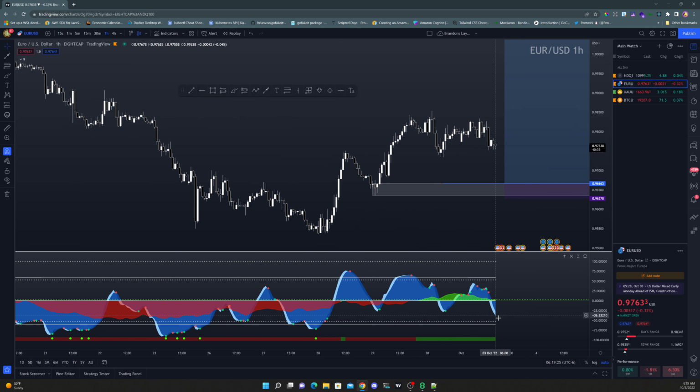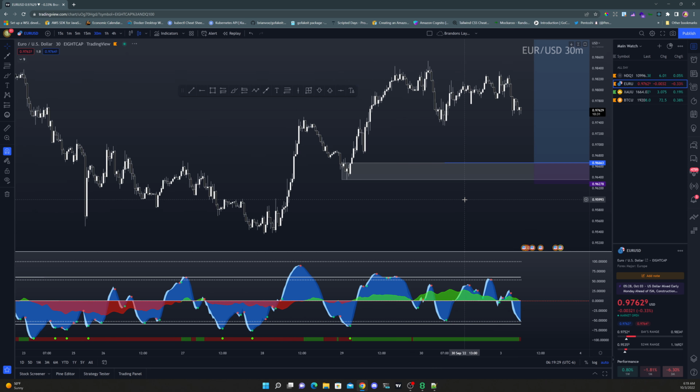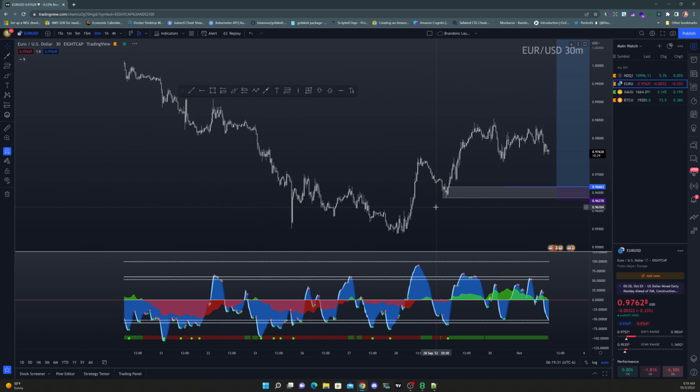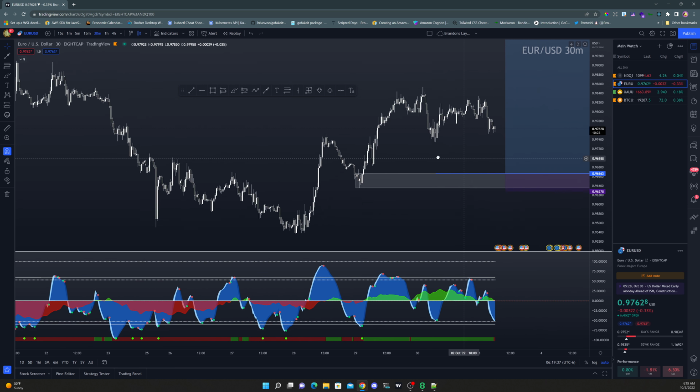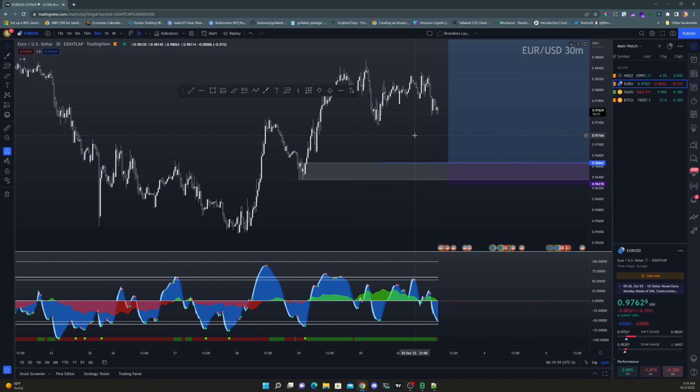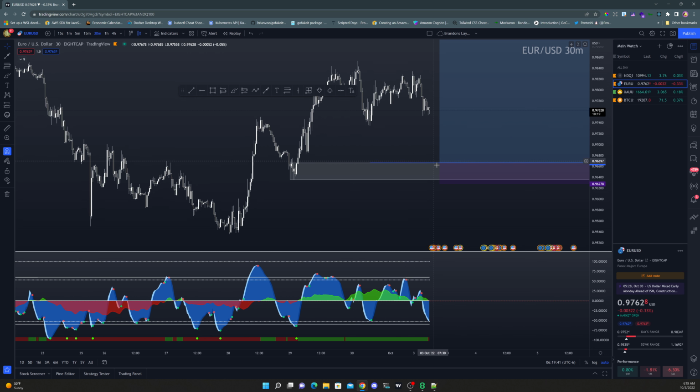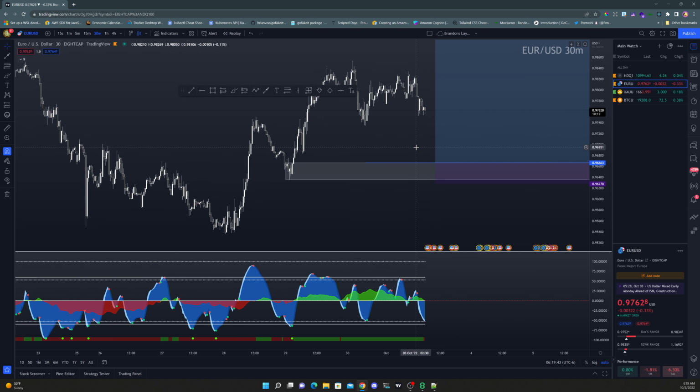We got price starting to slowly droop down. That's on the hourly. So let's get the 30-minute. Yeah, I mean, money flow leaving the market, starting to cross over to the red. So I don't think there's any reason why we shouldn't wait for it to actually come down here before looking for a buy. It actually looks like a good time to do that.